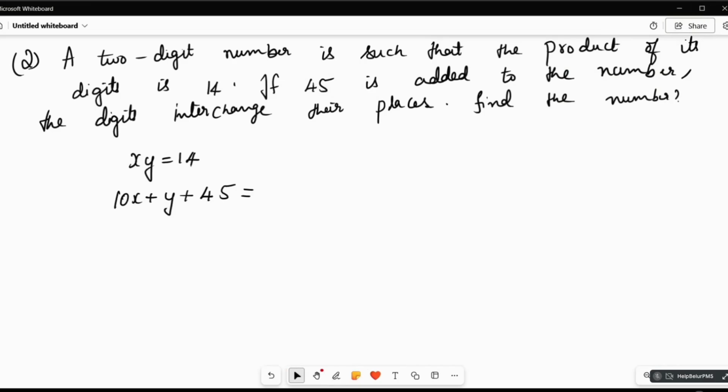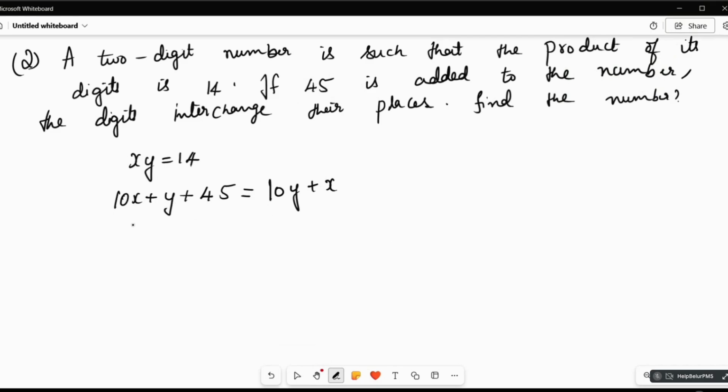10x plus y plus 45 is equal to the number with the digits interchanged, that is 10y plus x. When they interchange, it will become 10 into y plus x. So 10y plus x.